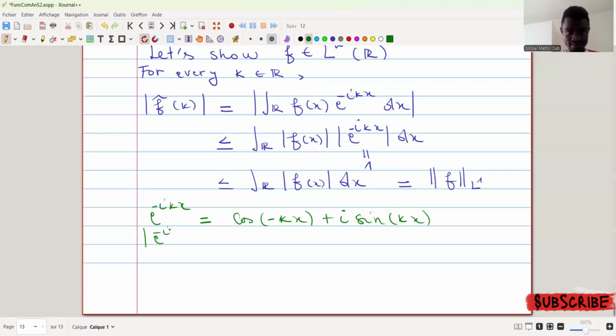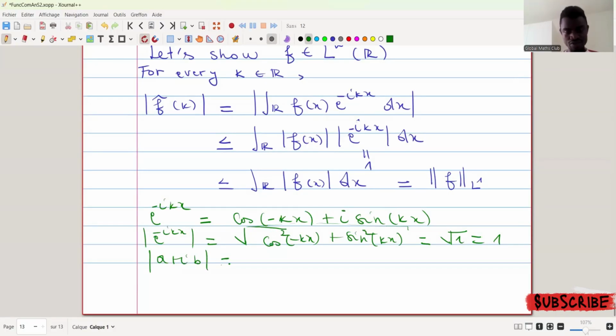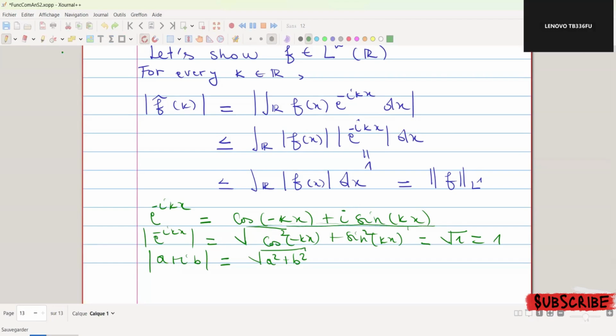So the modulus of this is the square root of cosine square plus sine square, right? Cos square plus sine square is 1. The modulus of a plus ib is equal to the square root of a square plus b square. Is it okay? Yes, thank you.